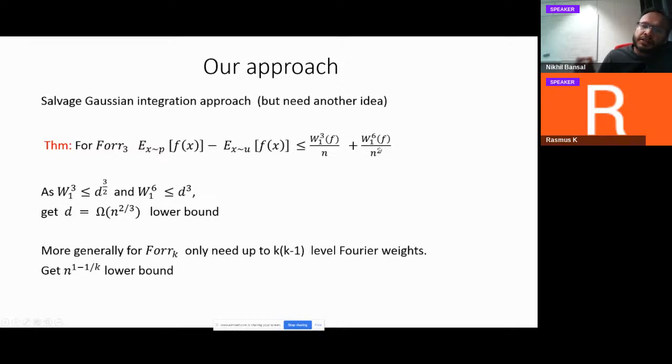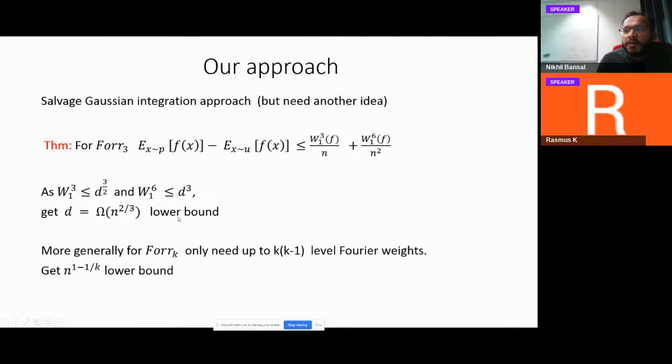So it's a bit more complicated than what we had for the 2-level correlation. But because we have such a nice formula, you can show that even if you use the weak bounds of Avishai et al. for these Fourier weights, it still allows us to get n to the 2/3, which is the right answer for k equal to 3.